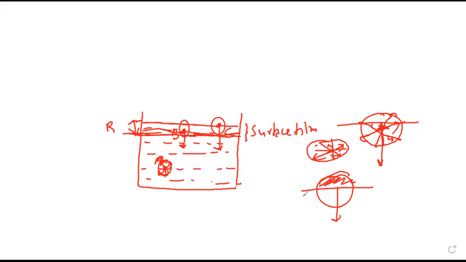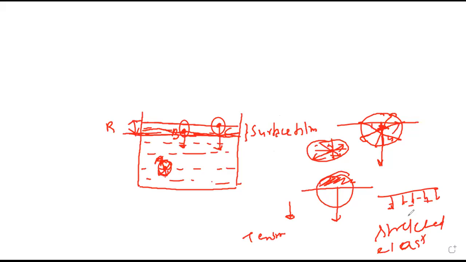Because of this downward force, stretching force is also called tension. So because of downward force, the surface behaves like stretched elastic membrane. And this film's thickness is hardly 10 raised to minus 9 meter. Therefore, it is called membrane.